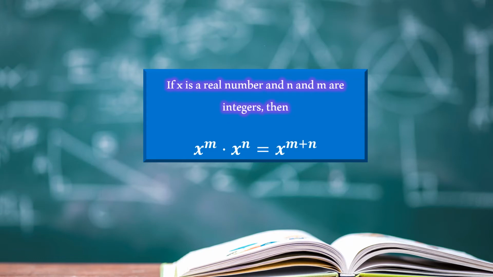In other words, when you have a base of x, the base means that all of the variables look the same. It will look the same over here, and it will look the same over here. You still have the same base. The only thing that you'll be doing is adding their exponents.